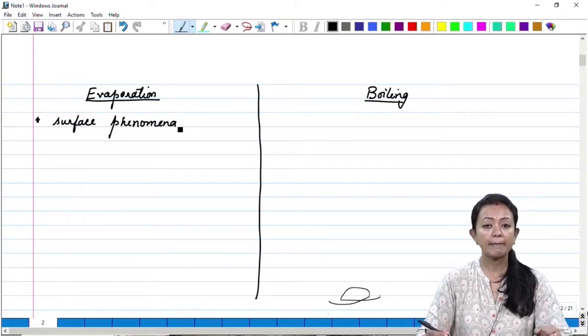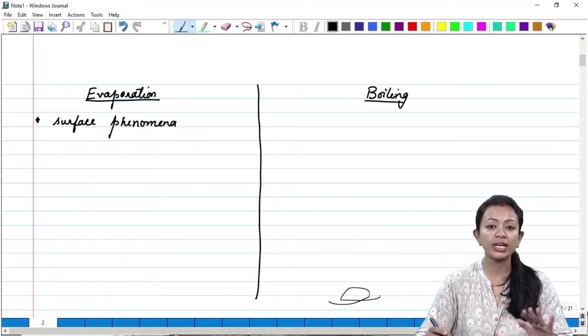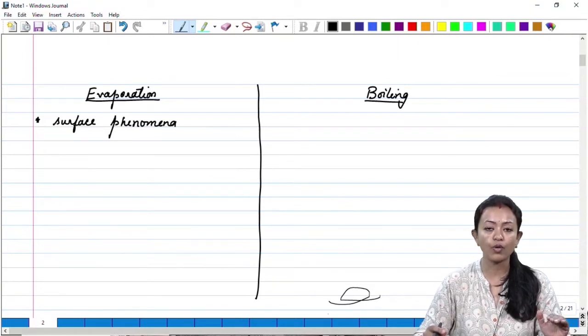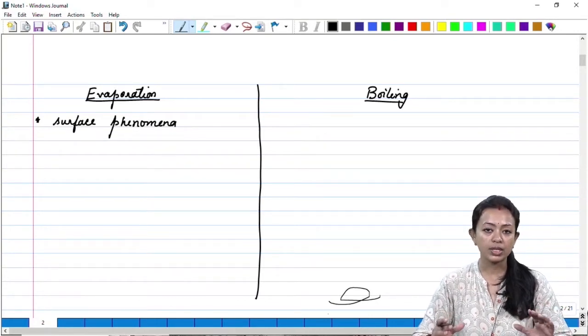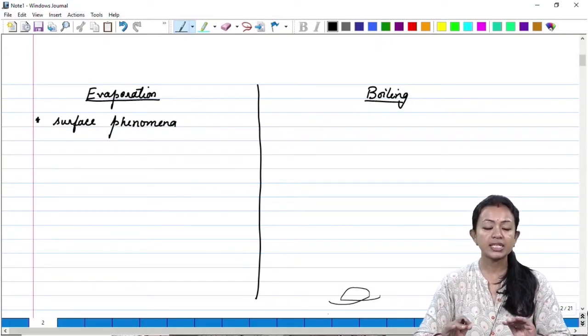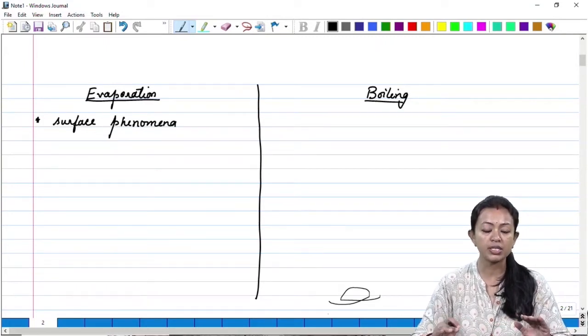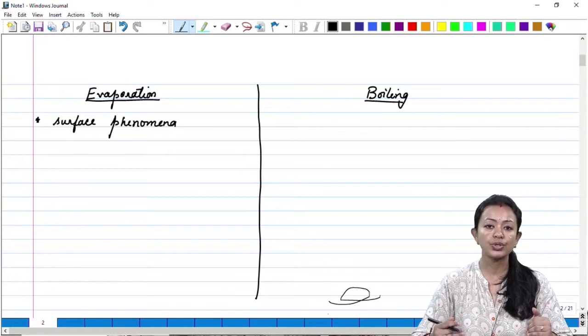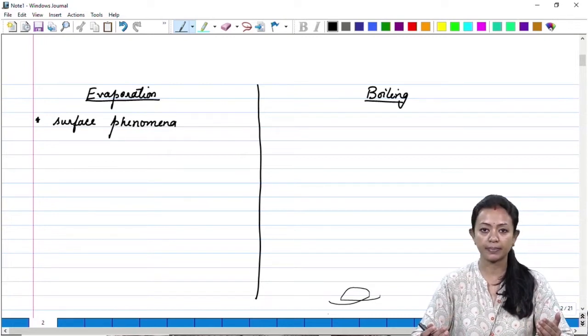Surface phenomena means that it happens only on the topmost layer of the particles. For instance, if we have a beaker and we have water, half beaker is filled with water, then it is only the surface particles which are subjected to the change of state of matter.